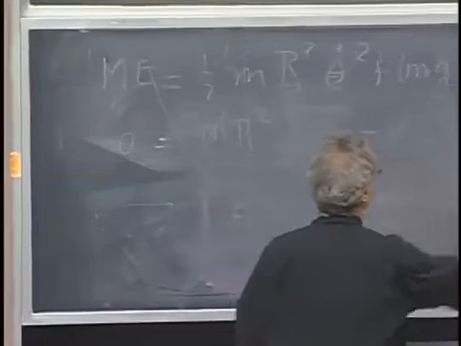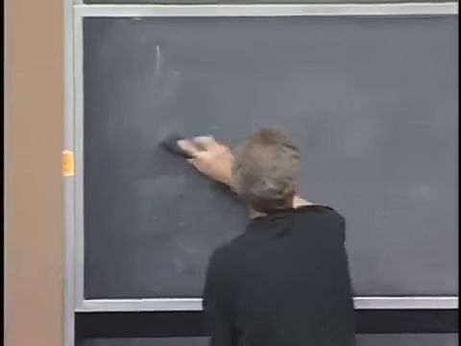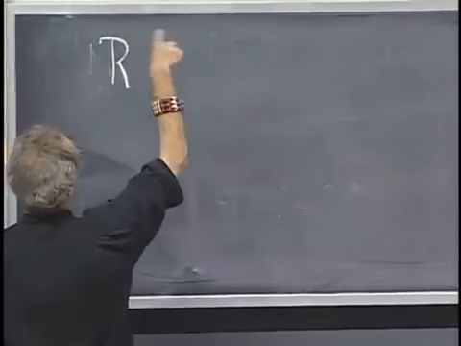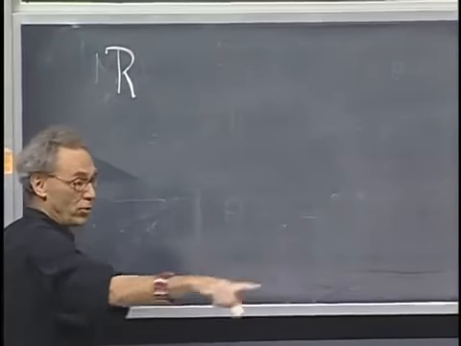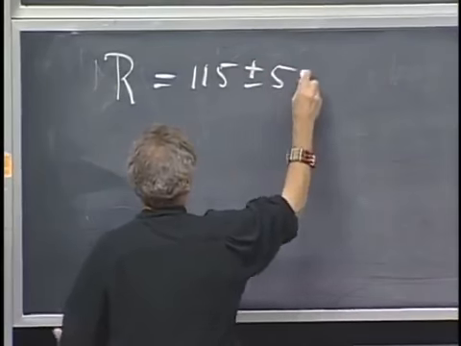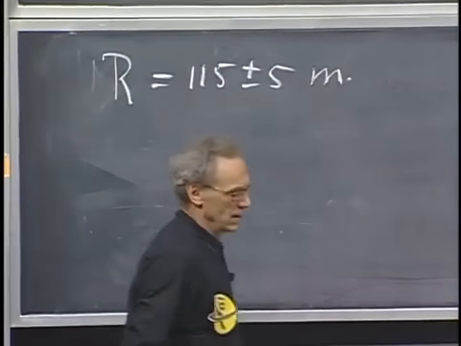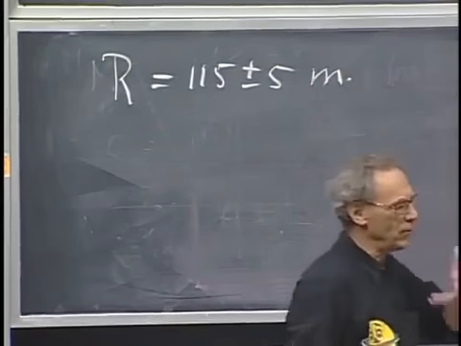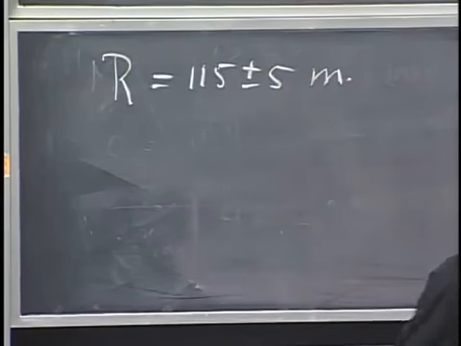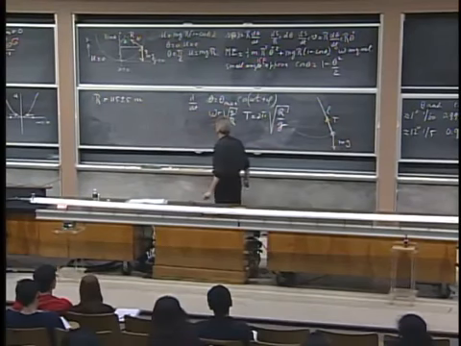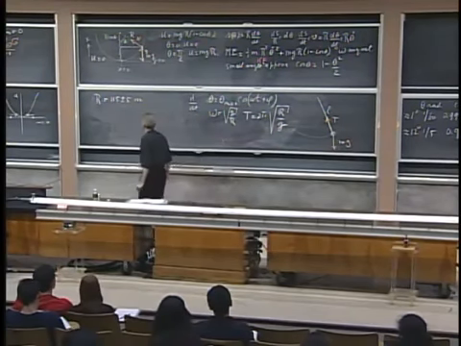Let me try to clean this a little better. And so the radius of curvature of our arc, which is also an air track, equals 115 plus or minus 5 meters. So we can calculate now what the period of oscillations is. The whole track is 5 meters long. So half the track is about 2.5 meters.